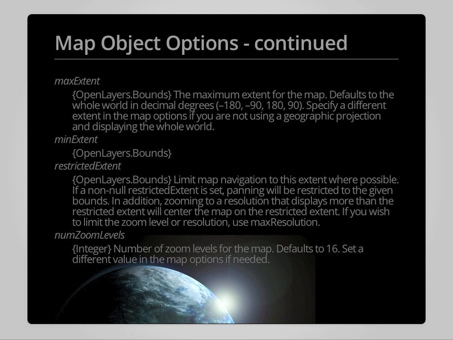You can also define the maximum extent for the map, where by default, the maximum extent defaults to the entire world. But if you only want your map to focus in a particular area, you can create an OpenLayers.Bounds object that defines the maximum extent that the entire map should be limited to, where this would essentially not allow the user to zoom or pan outside of the region defined by that max extent.